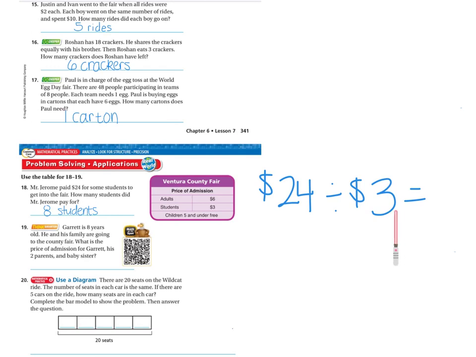So think in your head, 3 times what gives us 24? 3 times 8 gives us 24. So $24 divided by $3 equals 8 students.